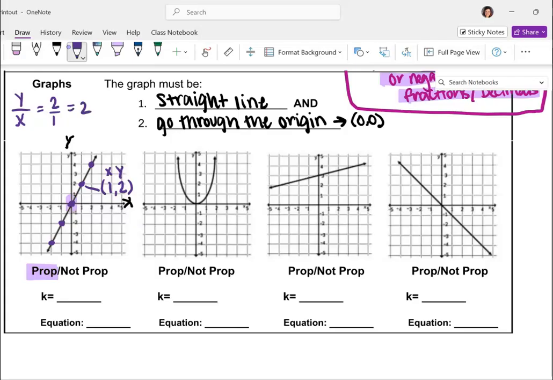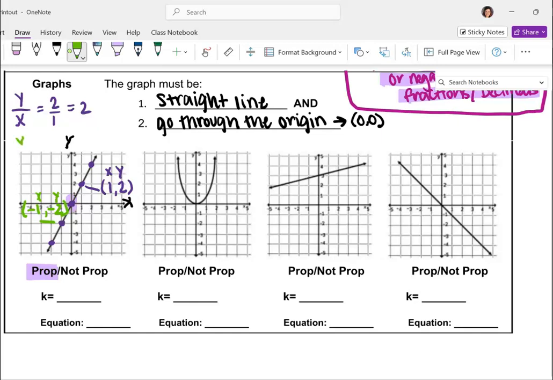To show you can use any point, I'm going to also do this one right here. If we go over on our x-axis to the negative 1, that's negative 1. And then we went down 2, that's negative 2. My x and my y are listed there.